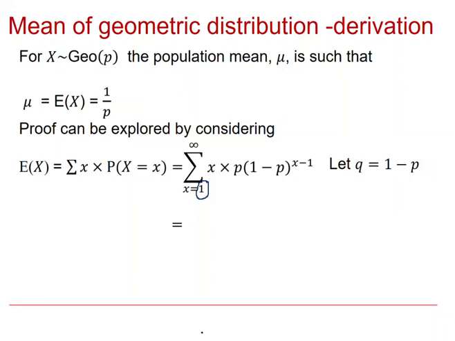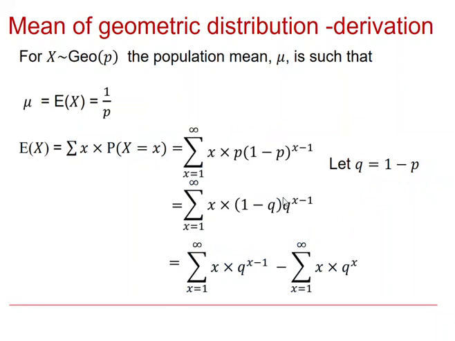And if you think about substituting q equals 1 minus p into our expression, that would actually give me p equals 1 minus q. So, and I'm going to be lazy and not put the summations on, it would be the sum of x multiplied by p, which is 1 minus q, multiplied by q to the power x minus 1.